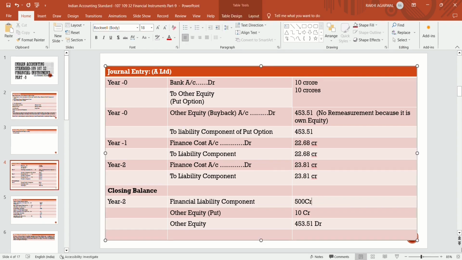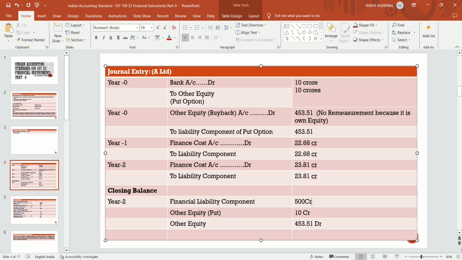So in year 1 it will recognize the amount as finance cost account debit by 22.68 crores to liability component of put option by 22.68 crores, because it has to recognize the liability component today at year 0 at fair value.